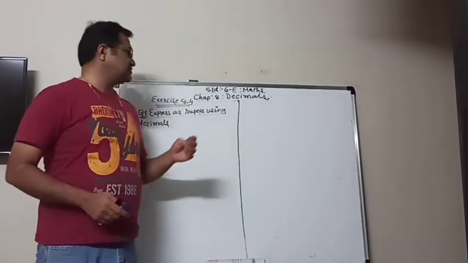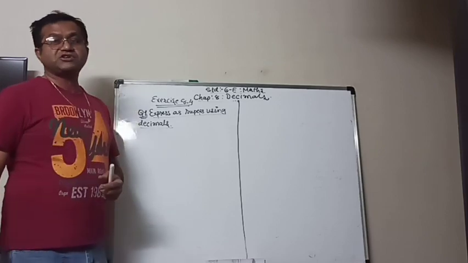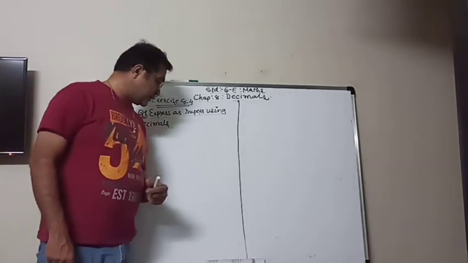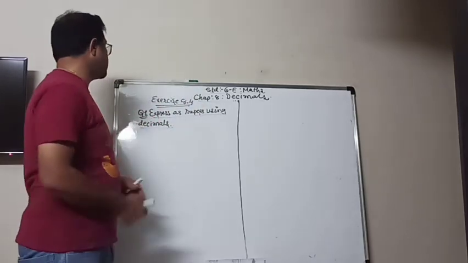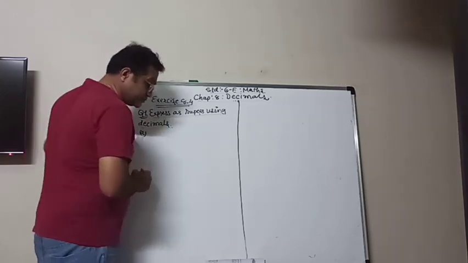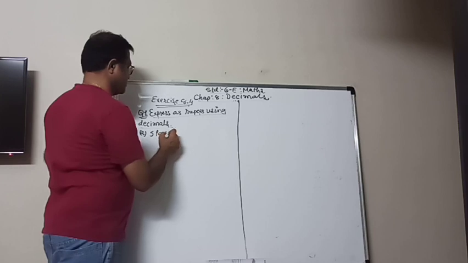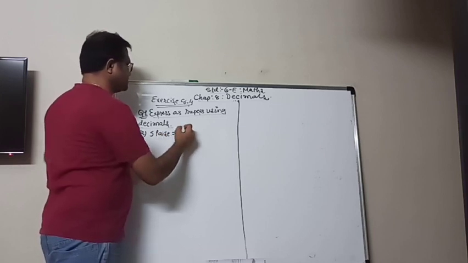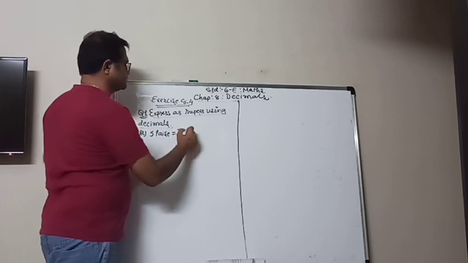Now, exercise 8.4. In question number 1, express as rupees using decimals. First one, 5 paise. We know that 5 paise is rupees 5 upon 100.